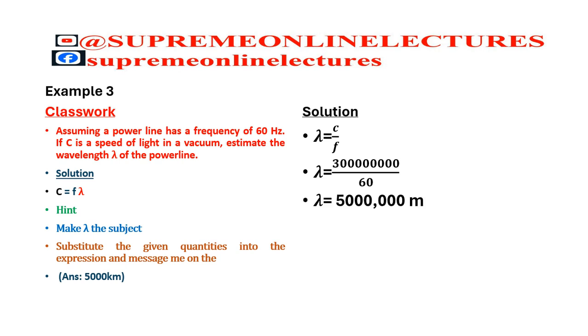You will see 5 followed by 6 zeros. Remember that kilo is the same thing as 1,000, so it's not wrong if we decide to write the answer this way. Don't accuse yourself of being wrong. It's still correct.